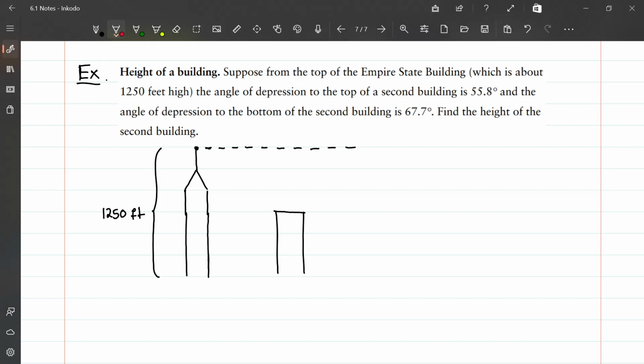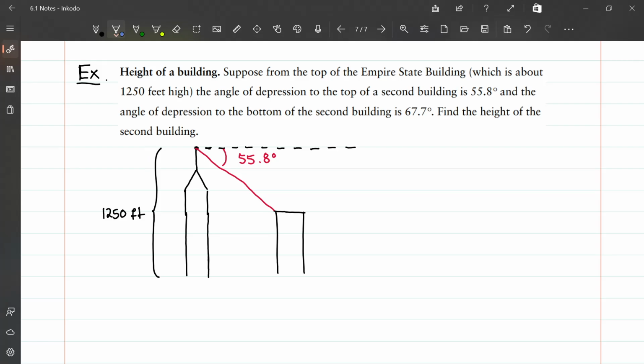So, apparently, if we measure the angle of depression to the top of the second building, like so, maybe closer to the edge like this, we're getting an angle of 55.8 degrees.